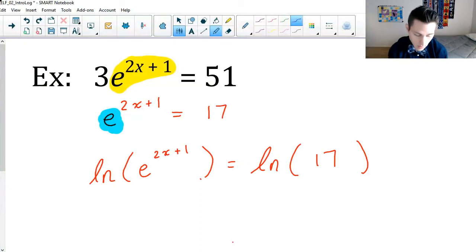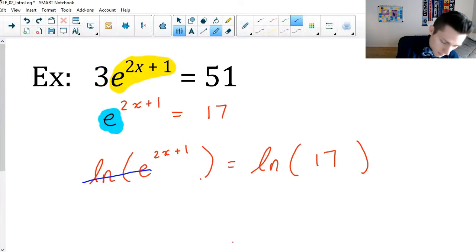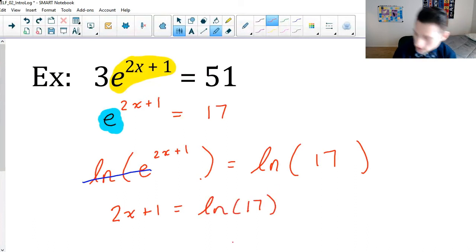All right, so in our solving, the natural log and the exponential base e cancel each other out. 2x plus 1 equals natural log of 17. I definitely do not know e to what power would make 17, so I'm just going to leave it as natural log of 17.